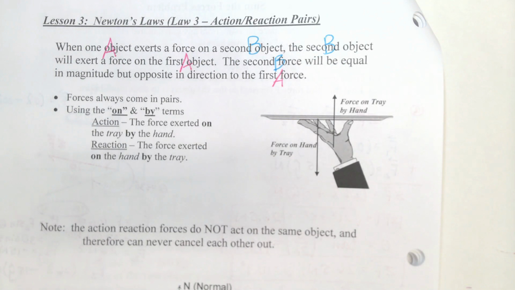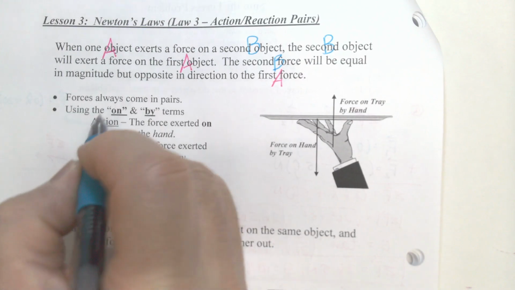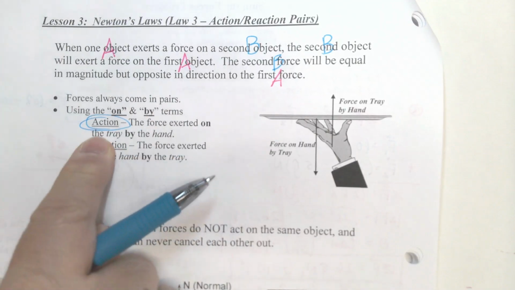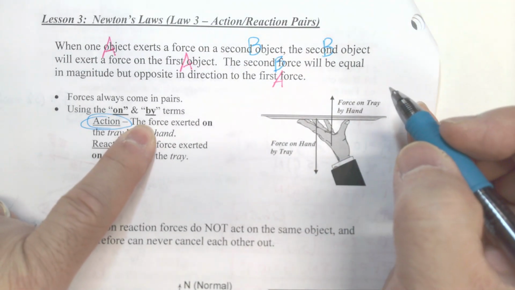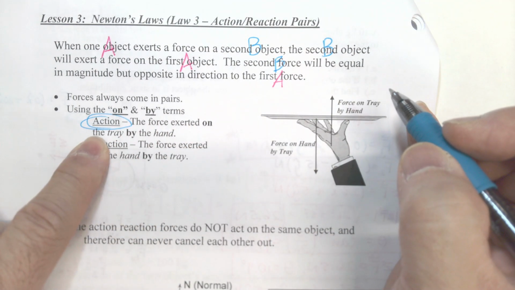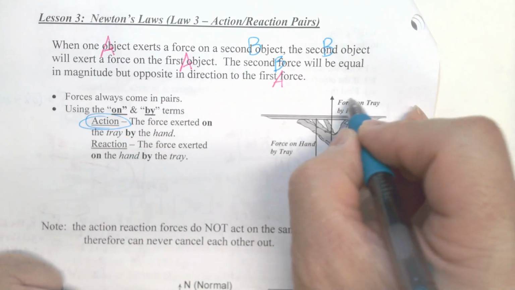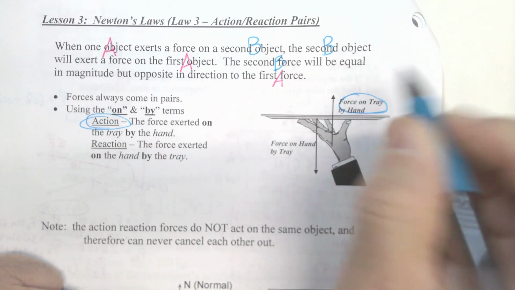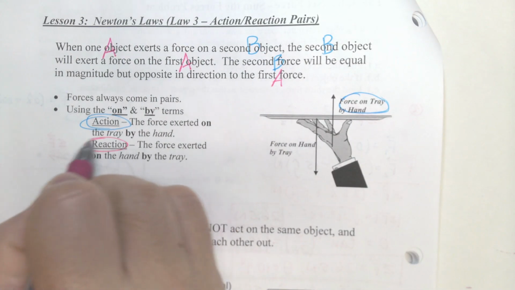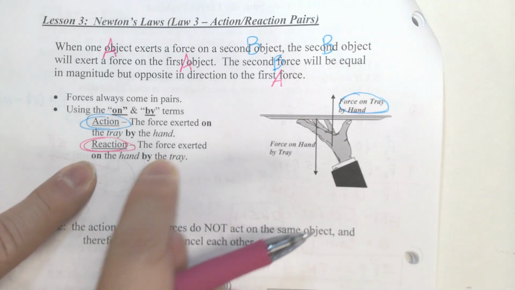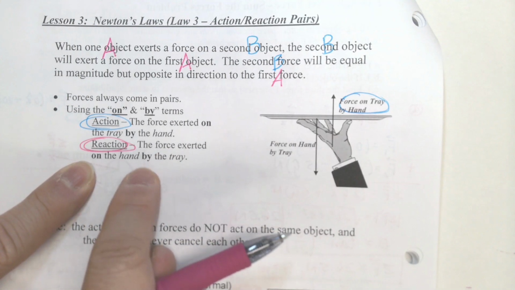Okay? So if action is identified already, let's say the action force is the force exerted on the tray by the hand, so this is the action force, then the reaction force is simply the force exerted on the hand by the tray.